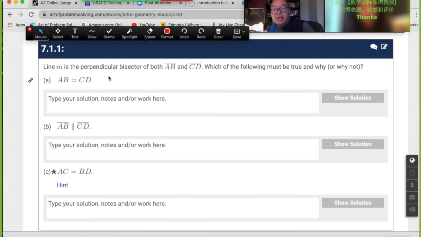Here, can you read number 1? M is the perpendicular bisector of both segment AB and segment CD. Which of the following must be true and why or why not? Is AB equals CD?